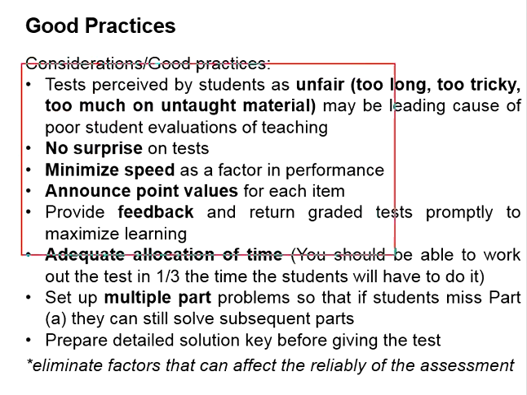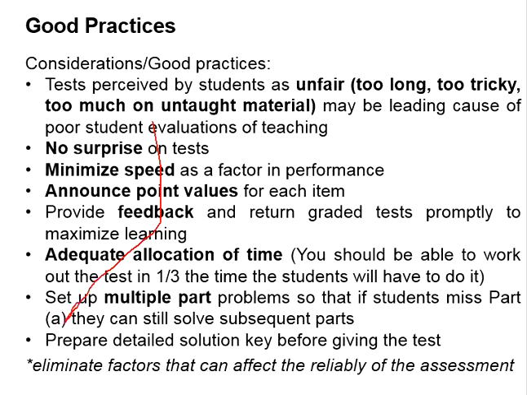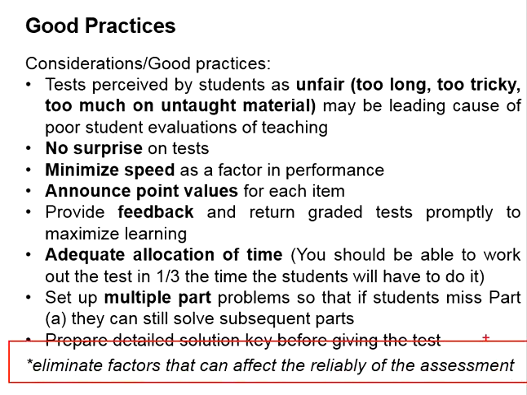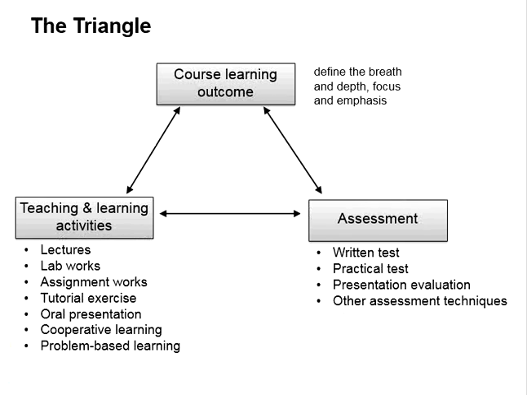Now, when you look at the general practices here, you will see that the ultimate goal here is for you to eliminate factors that can affect the reliability of the assessment. This goes back to the golden triangle here. It is only when you can do an accurate measurement, then you will know the status and the attainments of that respective course learning outcome, as well as the effectiveness of your teaching and learning activities.